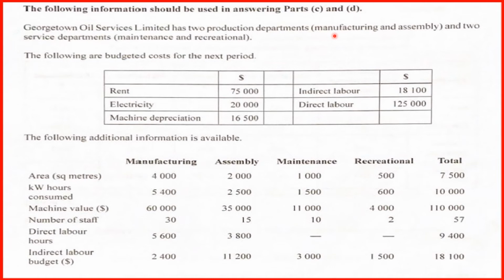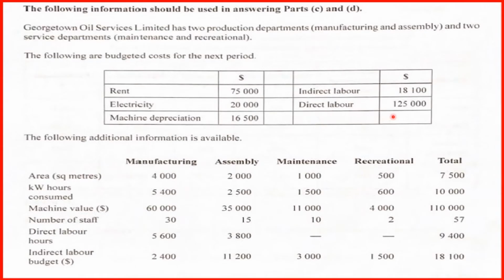Okay, so we are given these data here. Georgetown Oil Services Limited has 2 production departments, manufacturing and assembly, and 2 service departments, maintenance and recreational. The following are budgeted costs for the total period, and we are given a table here with the costs for the period.